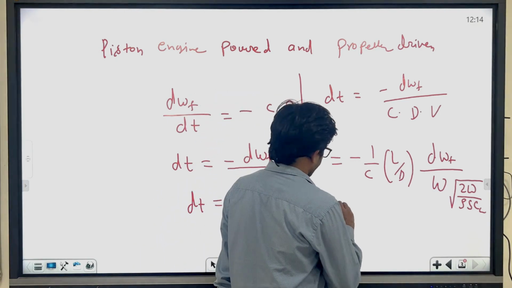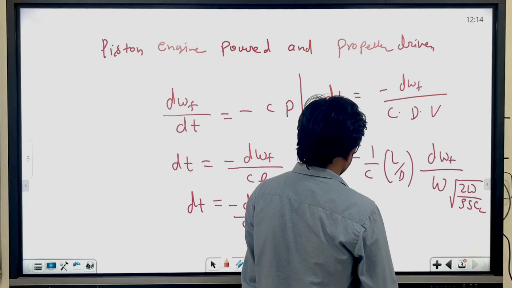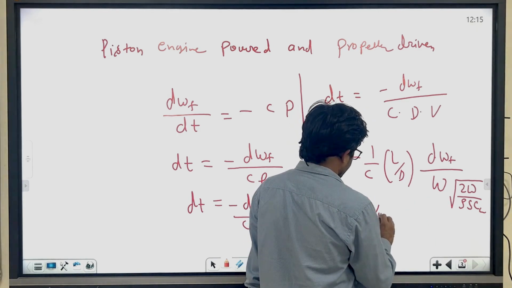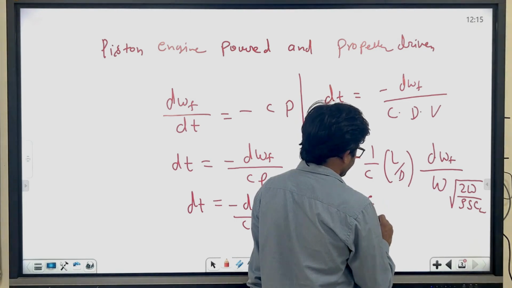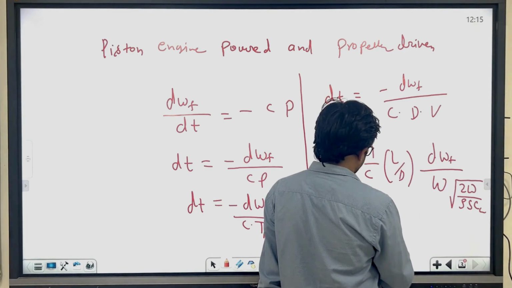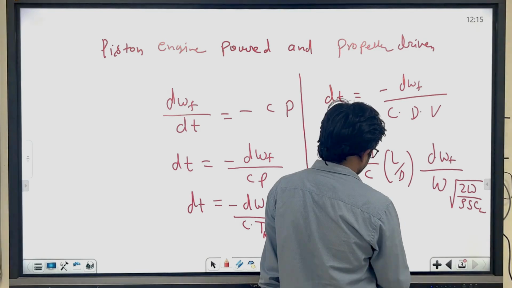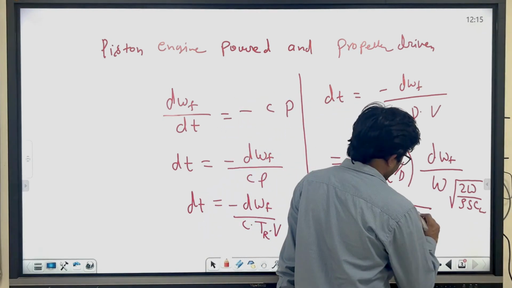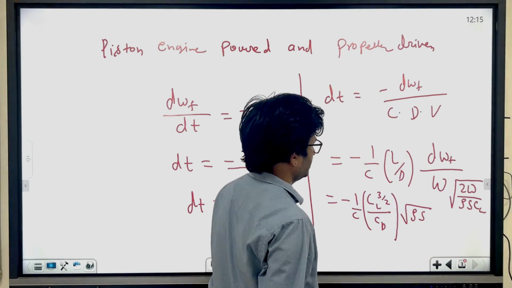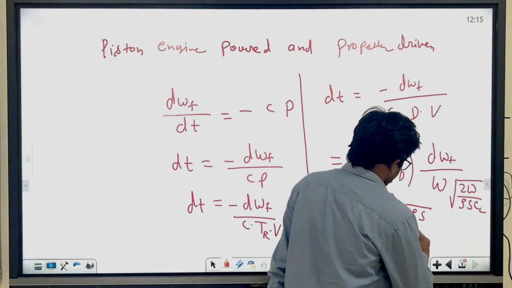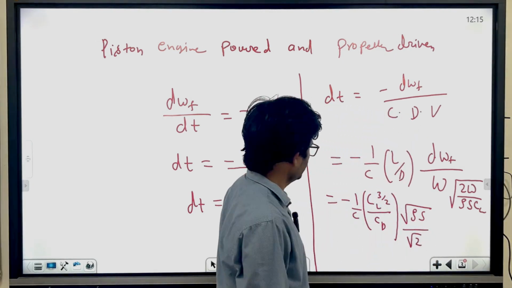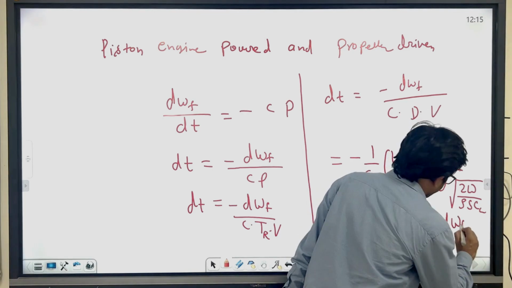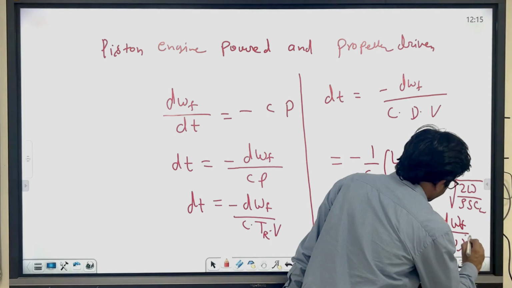So now if you arrange, what you will get, this rho S will go at the top, and this L by D you can write as CL by CD, and this CL will make it CL power 3 by 2, and this rho into S will go up, and this is root 2, please correct me if I am missing anything, and this is dWf by W power 3 by 2.